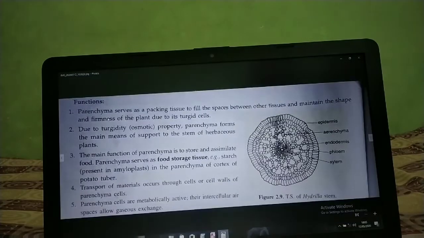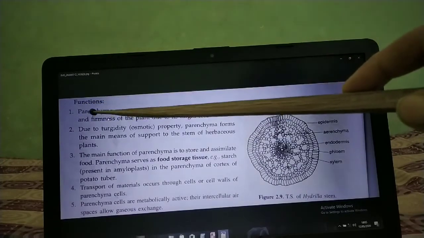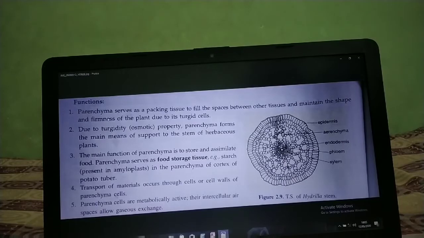So children, the functions of parenchyma: it serves as a packing tissue to fill the spaces between other tissues and maintain the shape and firmness of the plant due to its turgid cells.